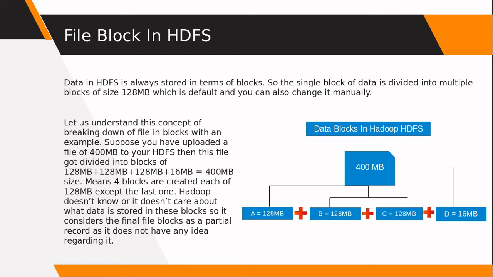Means 4 blocks are created, each of 128 MB except the last one. Hadoop does not know or care about what data is stored in these blocks, so it considers the final file block as a partial record as it does not have any idea regarding it.